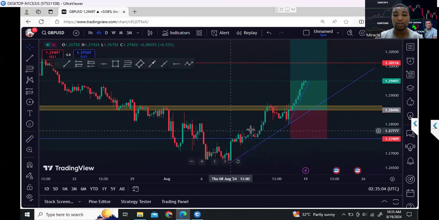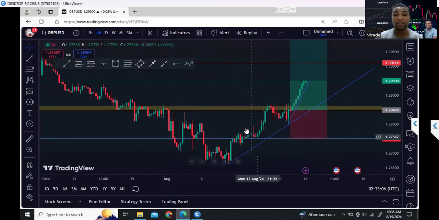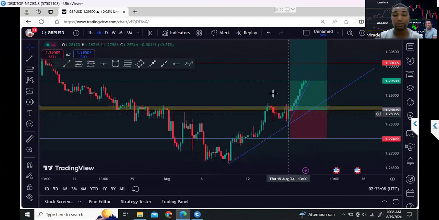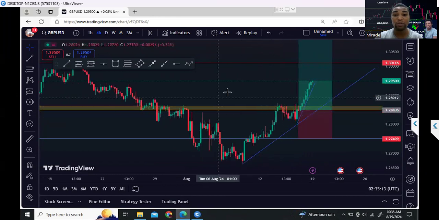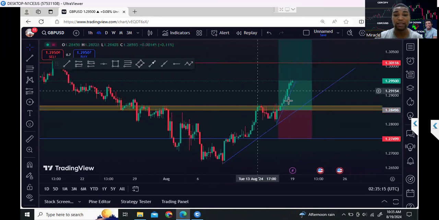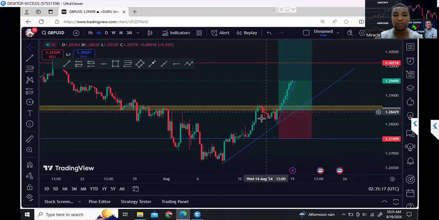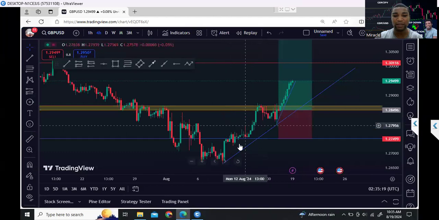You see this consolidation that happened here, it took 12 to 14 candles to form. You see this same consolidation, it took 12 to 14 candles to form at this level. So what I'm going to be waiting for is the market to give me a consolidation like this or like this.